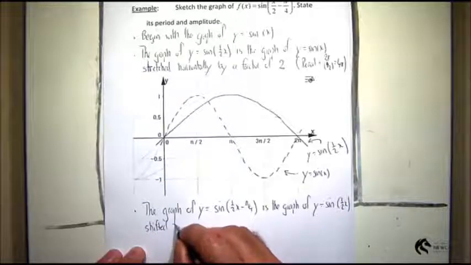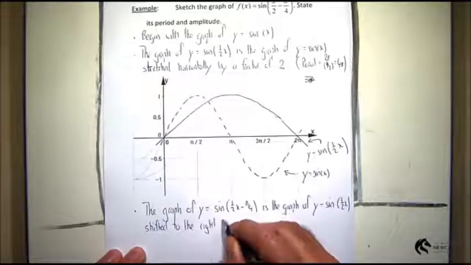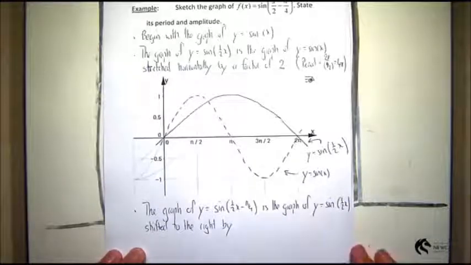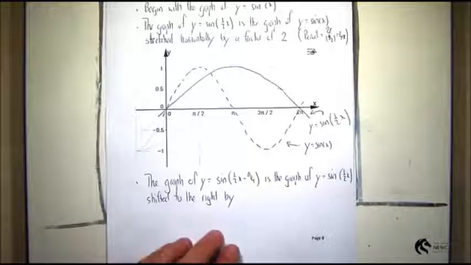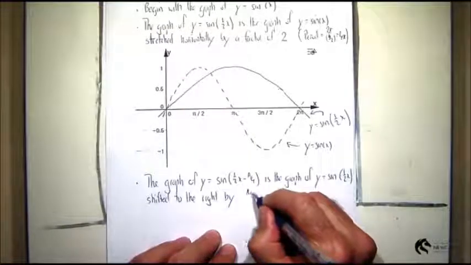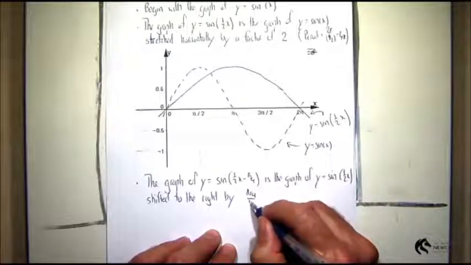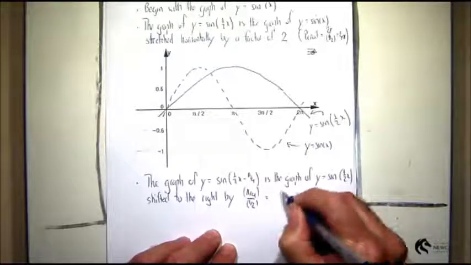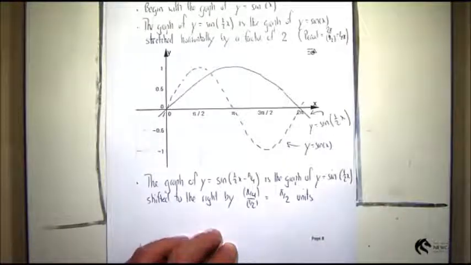Shifted to the right by, and it's not going to be pi on 4, it's actually going to be pi on 4 divided by a half, and that is pi on 2 units.